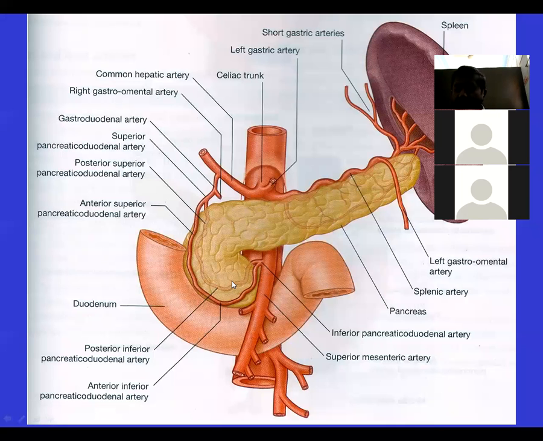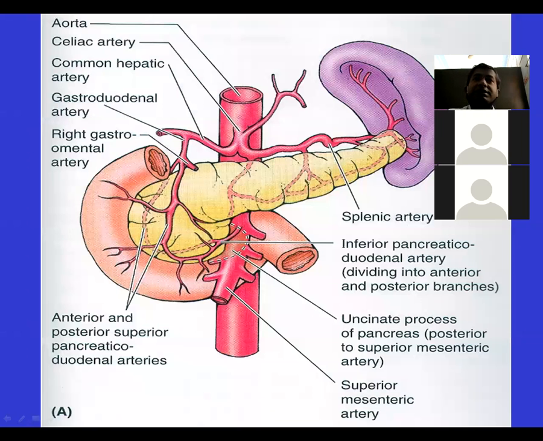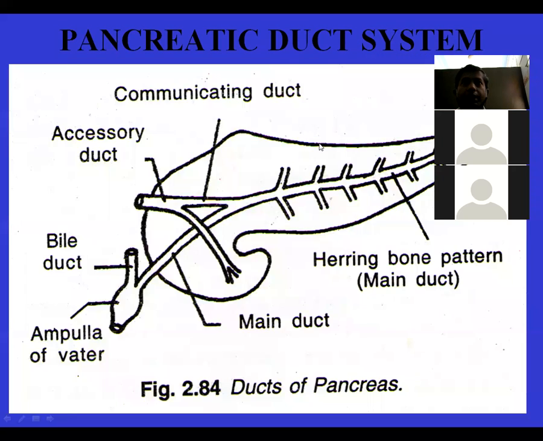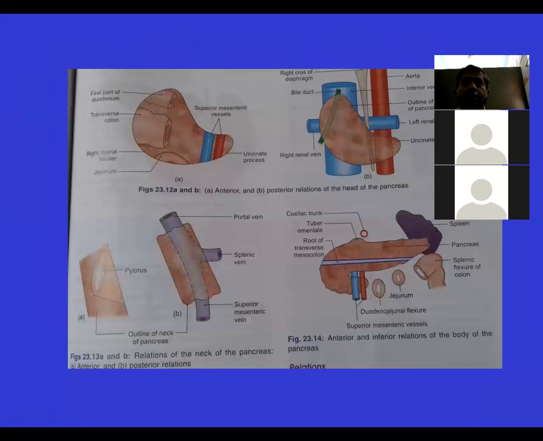So that is about the arterial supply, whereas the venous drainage is into the portal vein. Venous drainage is from the superior mesenteric vein and the splenic vein, and ultimately drains into the portal vein.